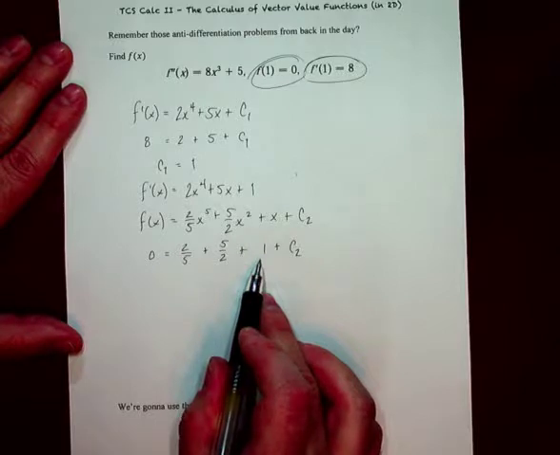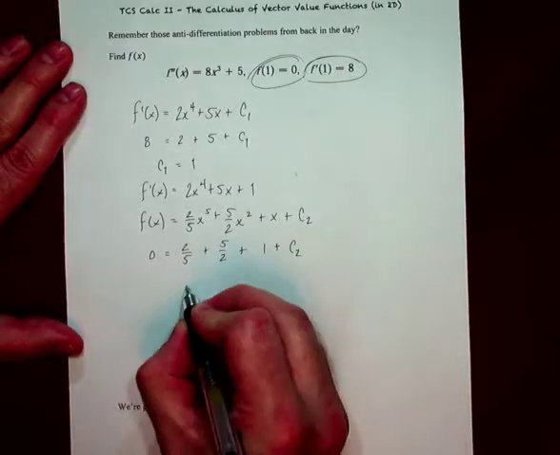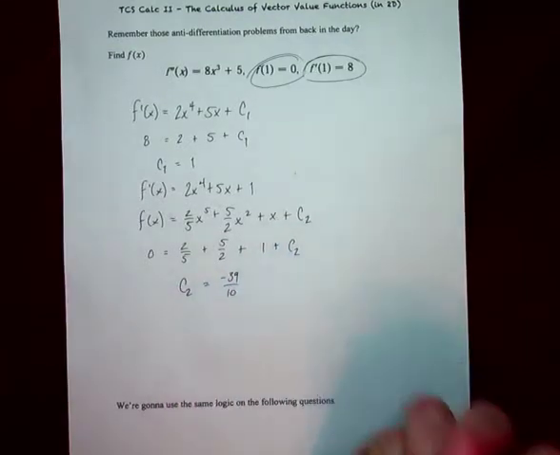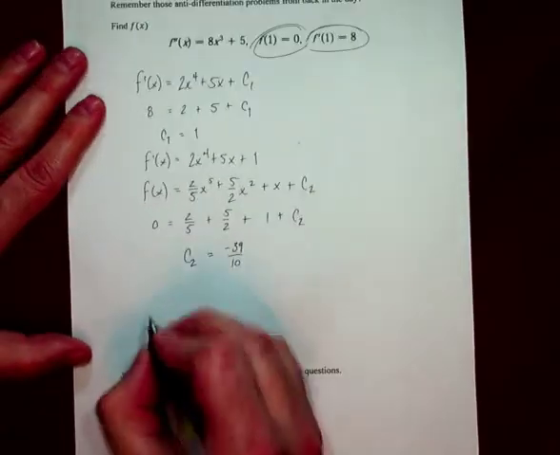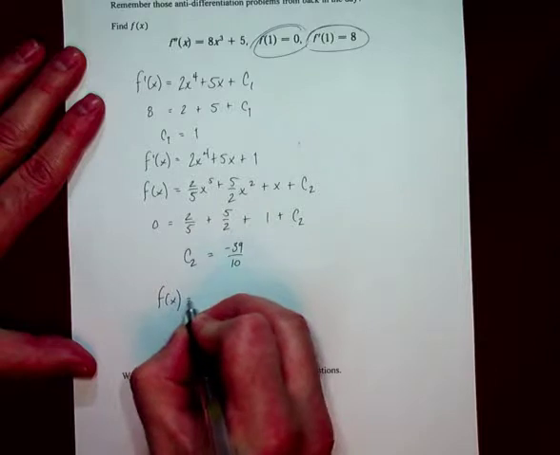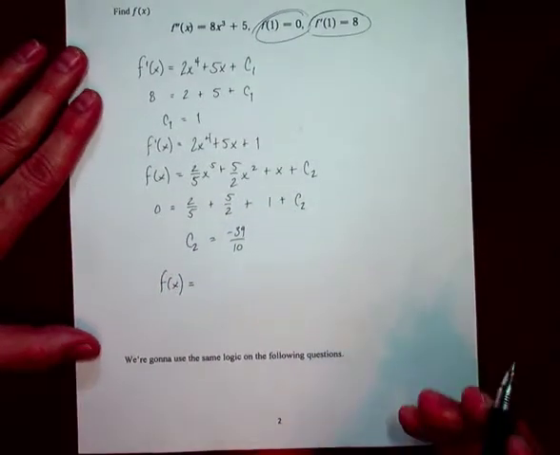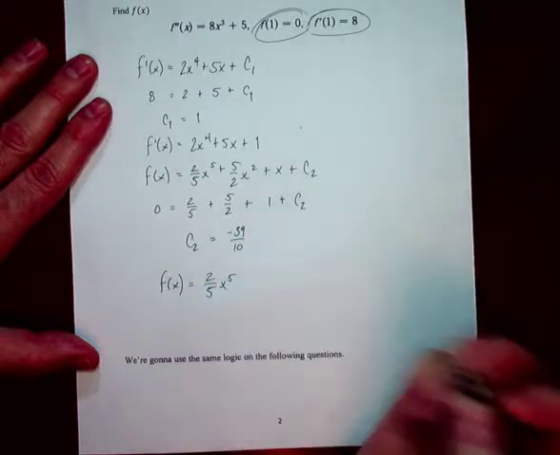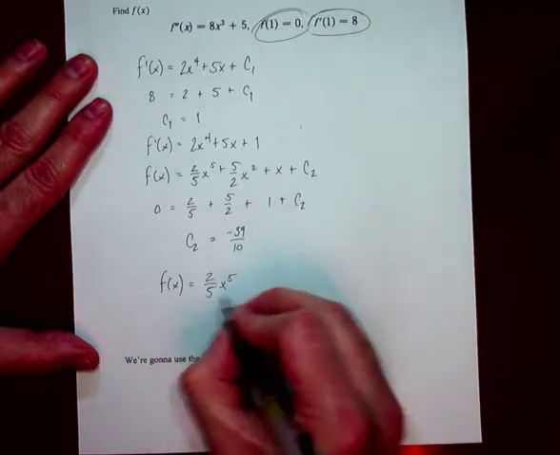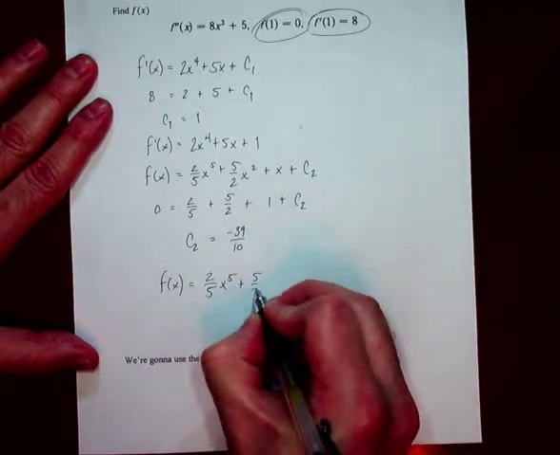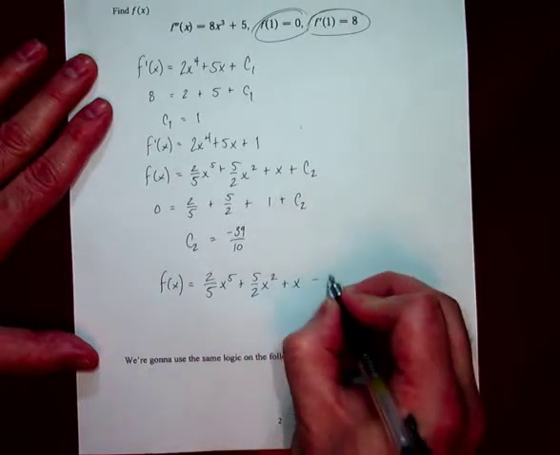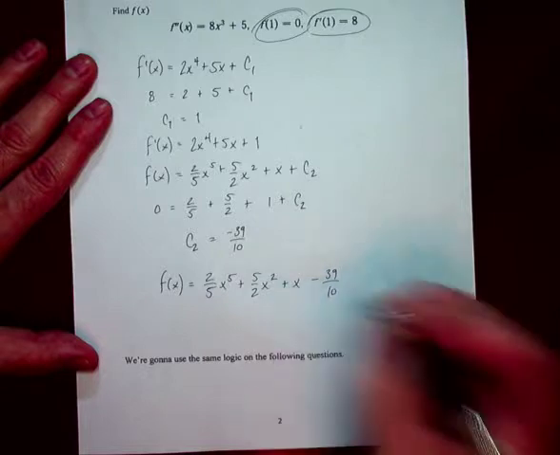Together that's 39/10, and therefore C2 is equal to negative 39/10, right? Because you have to sort of push it off to the other side. And therefore, using that f double prime and the two conditions that I was given, I can surmise that f of x is 2/5 x to the 5th plus 5/2 x squared plus x minus 39/10.